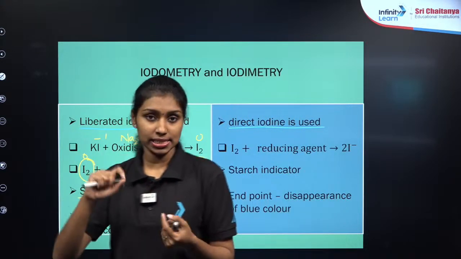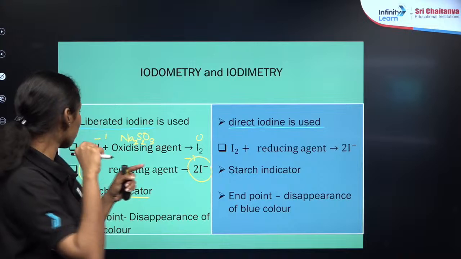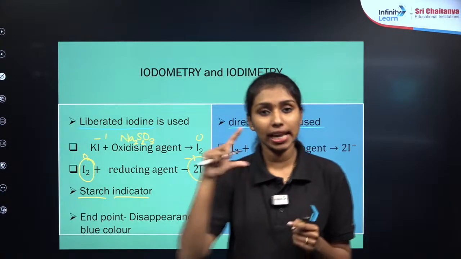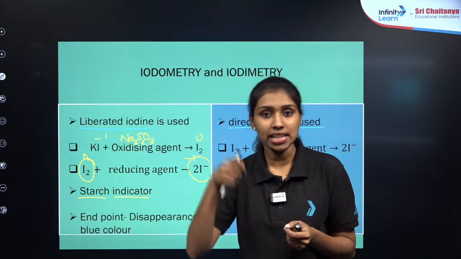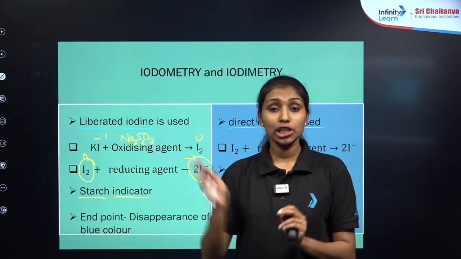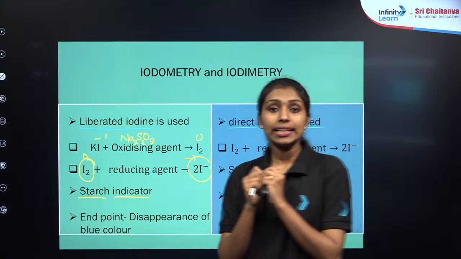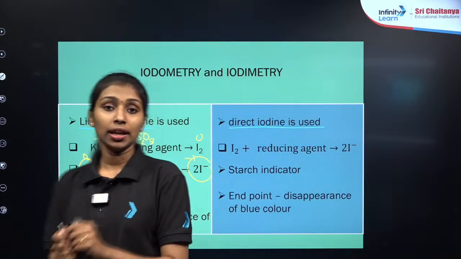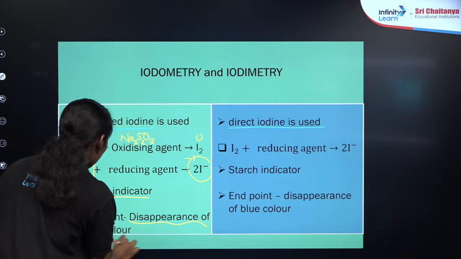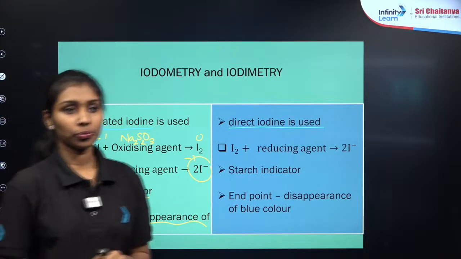Whenever we add the starch indicator, we add it to the liberated iodine and the reducing agent taken in the conical flask. While we are adding the starch indicator, it will form a blue color. Towards the end of the titration, the blue color disappears. That will be the end point of this particular reaction. Clear?